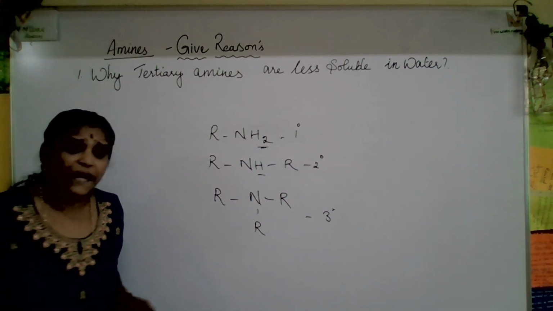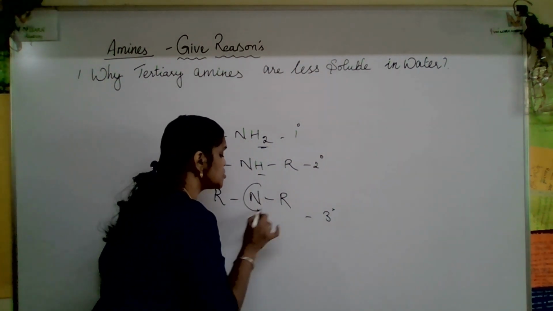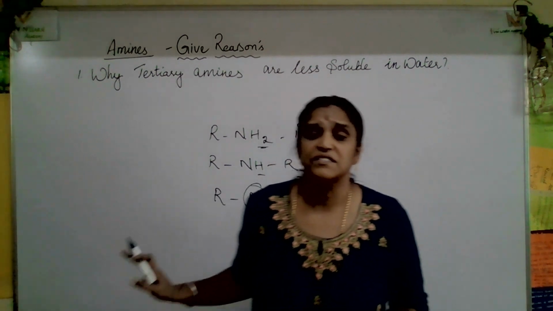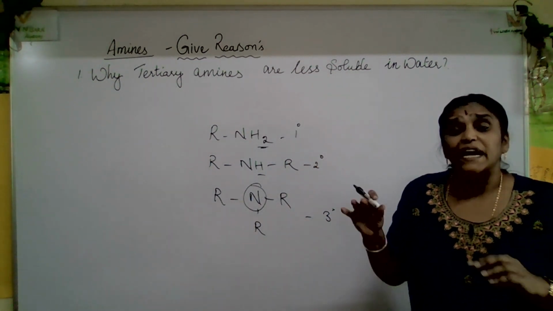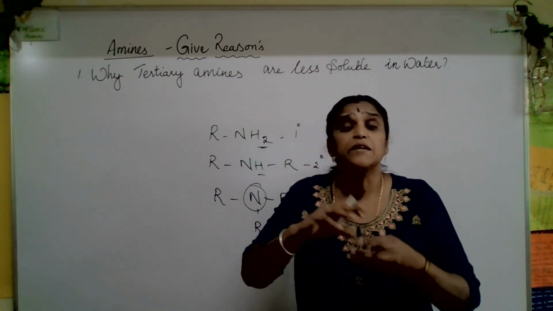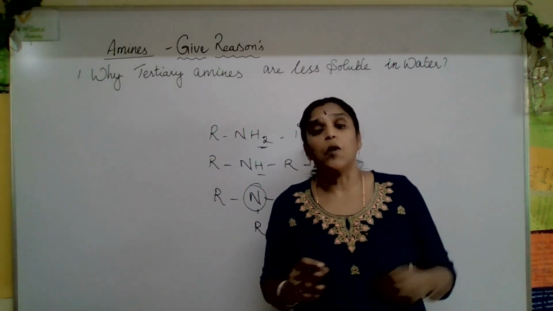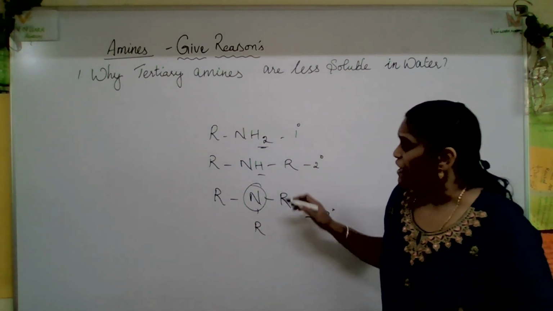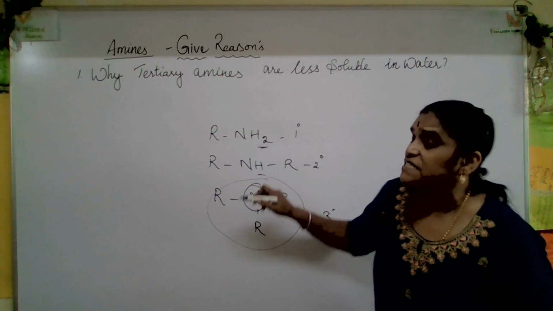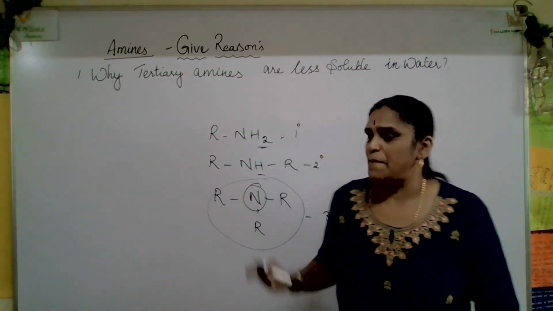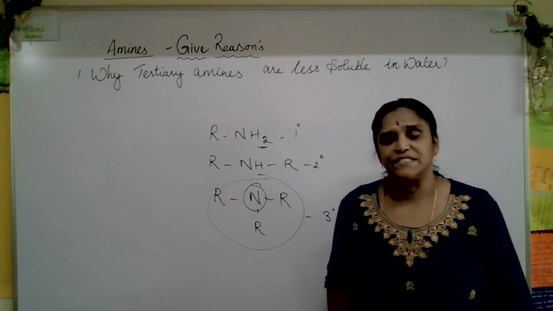In secondary amines also hydrogen is there, whereas tertiary amines do not have hydrogen. So it does not form a hydrogen bond with water molecules. So definitely the solubility will be lesser in tertiary amines compared to primary and secondary.